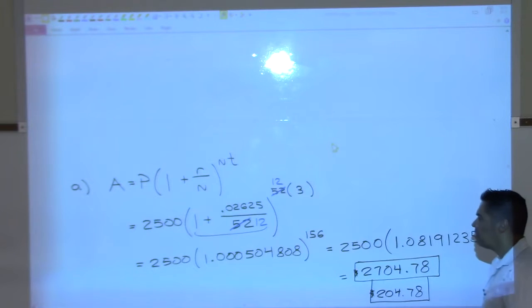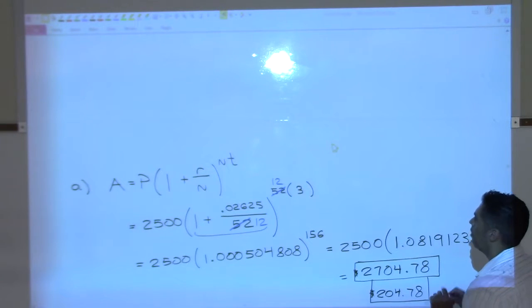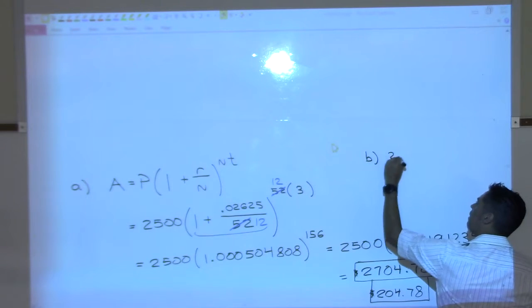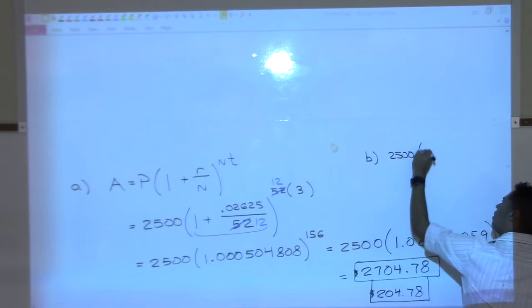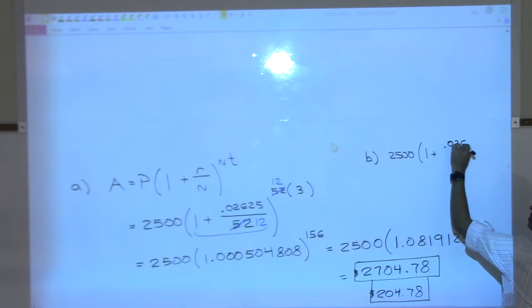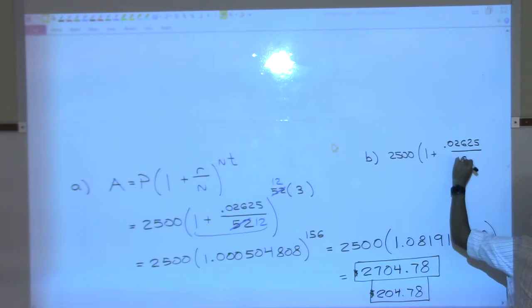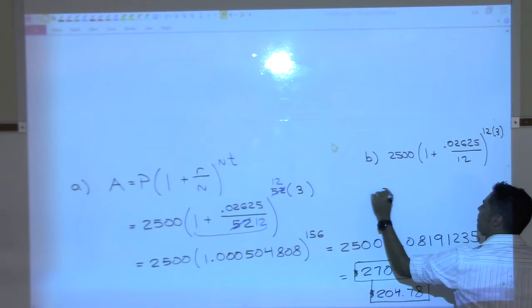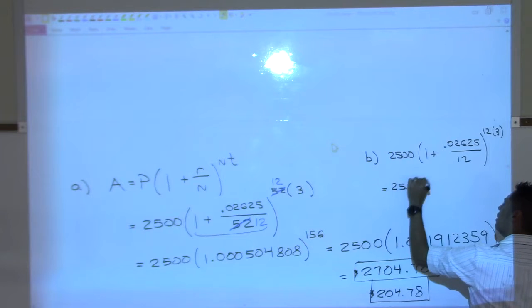So for part B, you're going to have 2,500 times 1 plus 0.02625 divided by 12, raised to the 12 times 3.